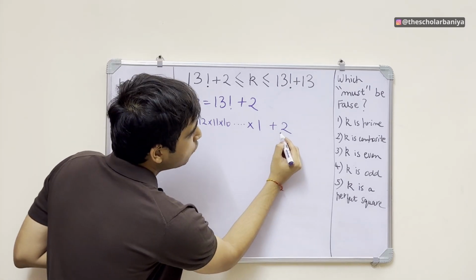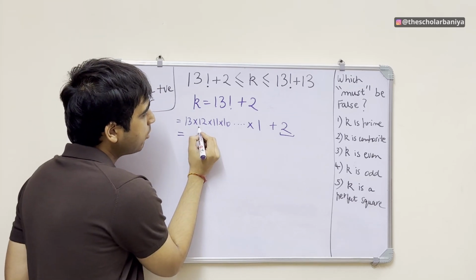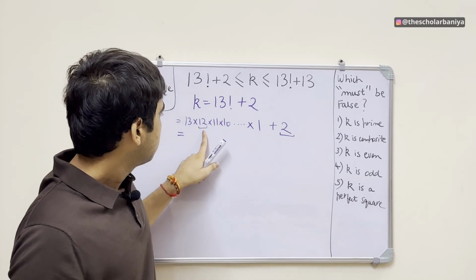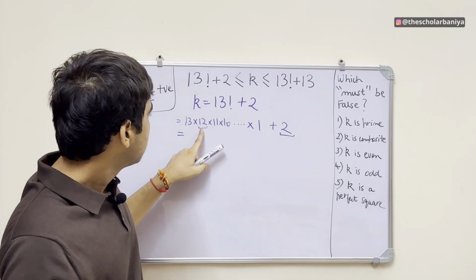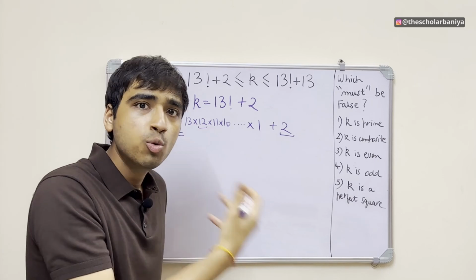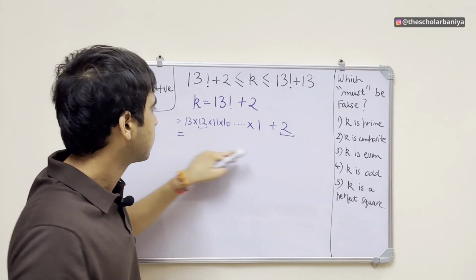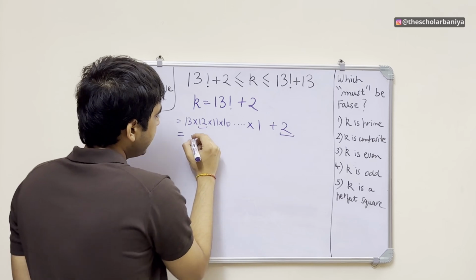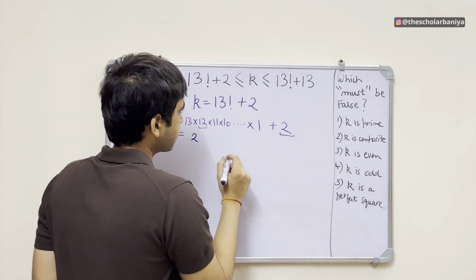I can take 2 common from here, right? Because this will definitely be an even number, for example, this is 12, this is 10. So there are a lot of 2's in this, so I can take 2 common from this entire thing.